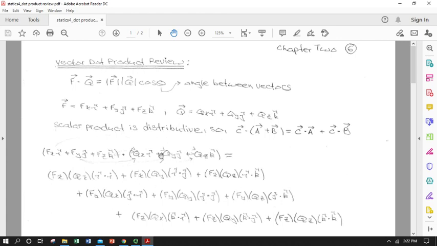So I have f sub x, and this time it's times q sub y. So the portion of the q vector in the y direction, just the magnitude. And now I have I hat dot j hat.